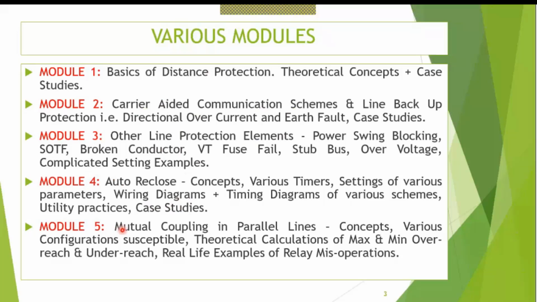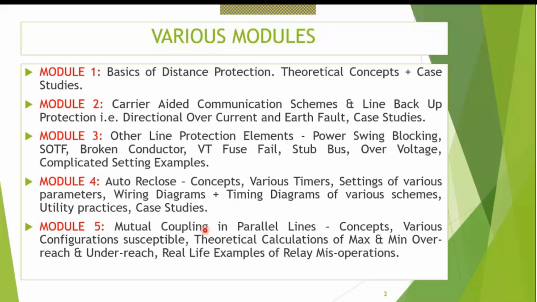Module 5, this I have not yet prepared. I'll need a little bit of time, but that will be purely on mutual coupling in parallel lines, which is quite a complicated concept because this is a series kind of fault. This is not a shunt fault, which we are very much used to. The mutual coupling operates in a series mode in the line.